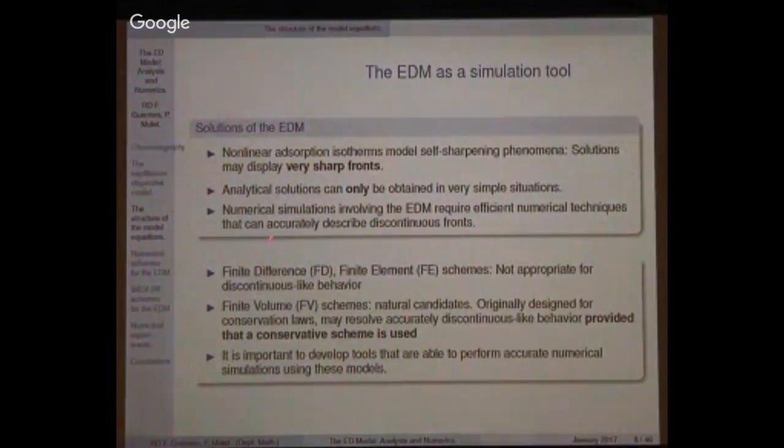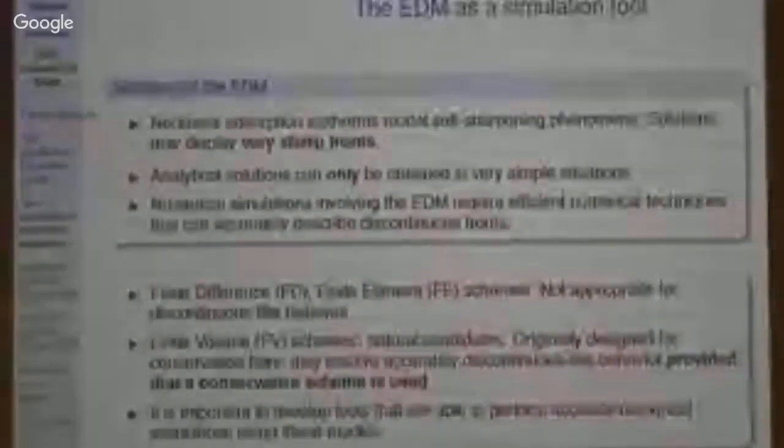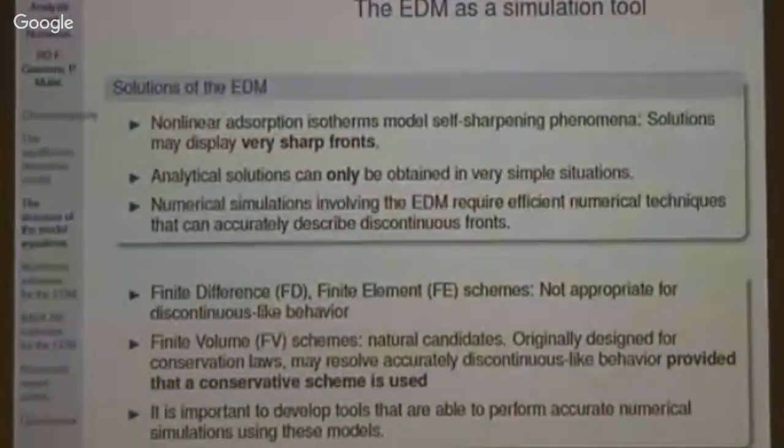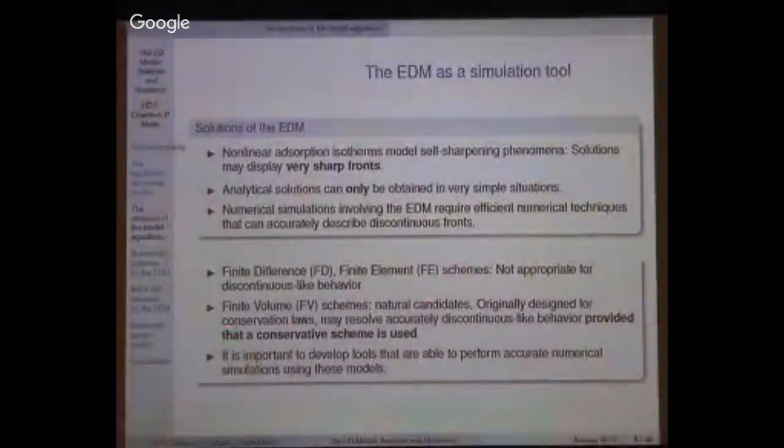So what have chemical engineers used? Just about anything, okay? Finite difference and finite elements are the things that are off the shelf. They have used them. But they're not appropriate for discontinuous behavior. You have to be careful with that. They have turned to finite volume schemes as natural candidates. They were originally designed for conservation laws. This is where I come from, so we know about this.